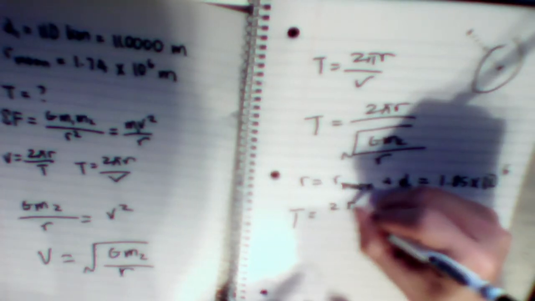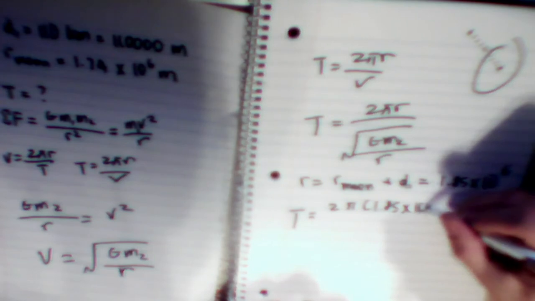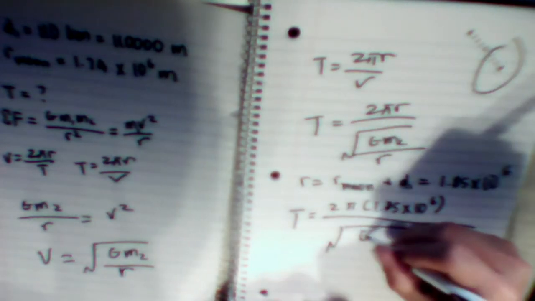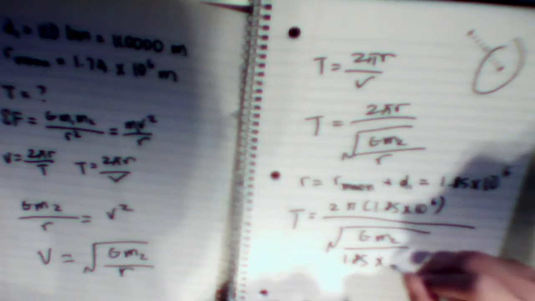So now we have T is equal to 2 pi 1.85 times 10 to the power 6 over the square root of G M2 over 1.85 times 10 to the power of 6. Now it's time for substitution.